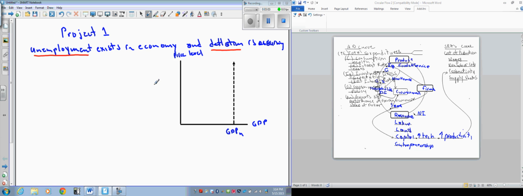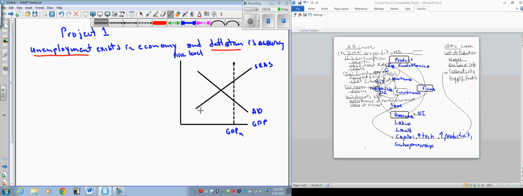Now for this scenario to exist, for unemployment to exist in the economy, we have to have an intersection of the short-run aggregate supply curve and the aggregate demand curve to the left of that GDP natural.